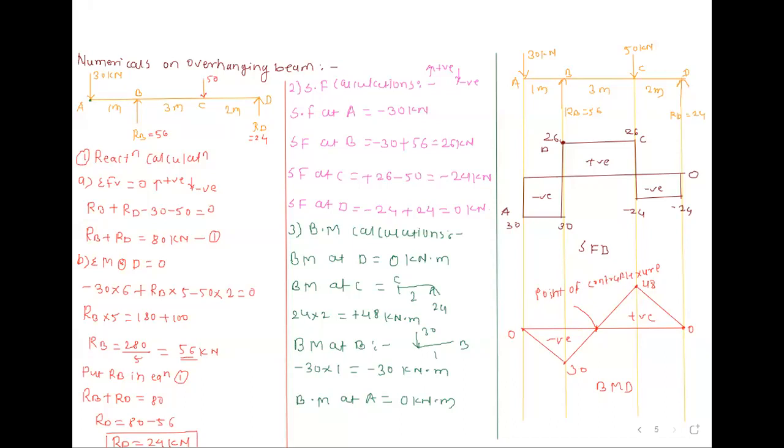One example for homework. Please draw the figure fast. Same problem, instead of left overhanging, to the right side.